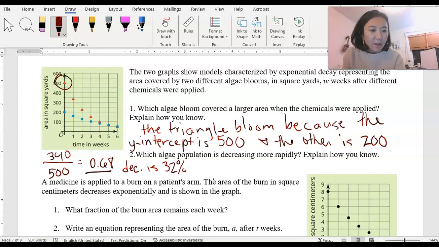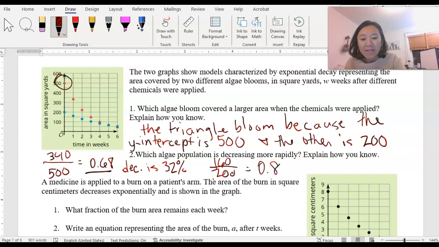for the red one. Now for the blue one, let's take a look at that one. We're going from about 200 to, let's say this is 160. So 160 divided by 200, and if you do that, you will get 0.8, which means that is how much remains each time.